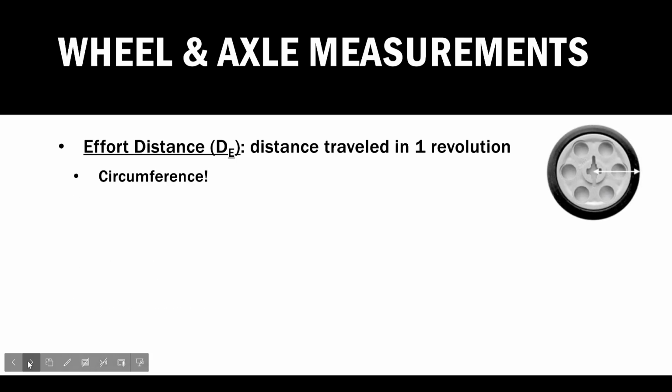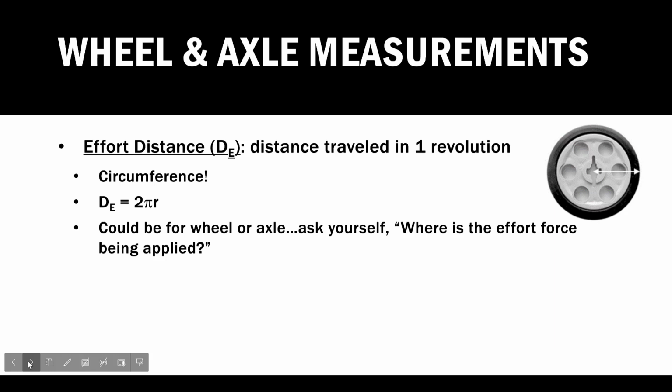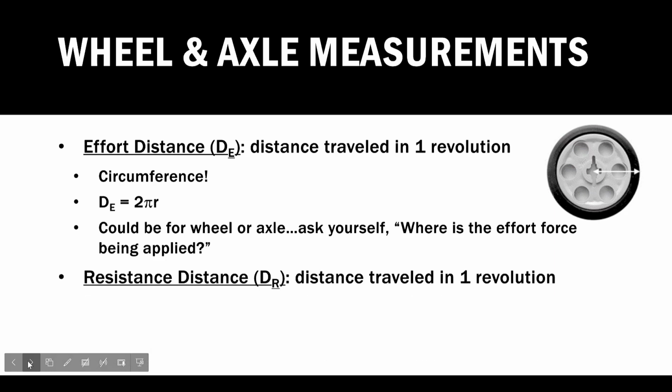That's the circumference. So 1 time around, you're calculating the circumference. So DE is 2 pi r. We talked about that already. It could be for the wheel or the axle. Just think, where is the effort being applied?